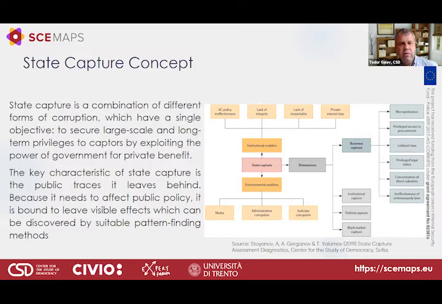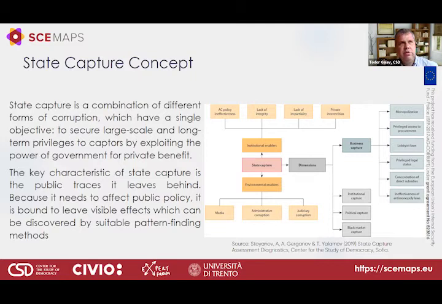The only thing that I want to highlight is the second paragraph here on the screen, that one of the key characteristics of state capture is the public traces it leaves behind. It means that state capture needs to affect public policy, and for that reason, it leaves visible effects which can be discovered by suitable pattern finding methods.